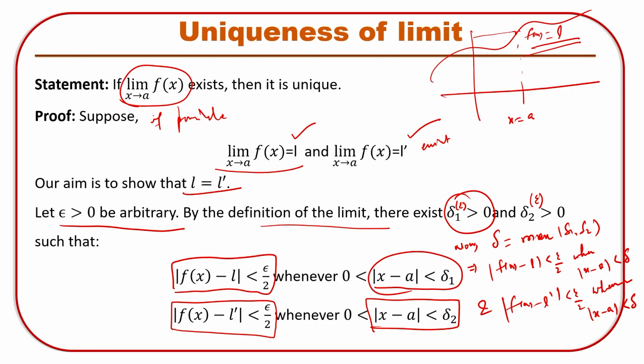In those two cases, this will give you modulus of f(x) minus L less than epsilon by 2 and modulus of f(x) minus L dash less than epsilon by 2, for the same range, modulus of x minus a less than delta.